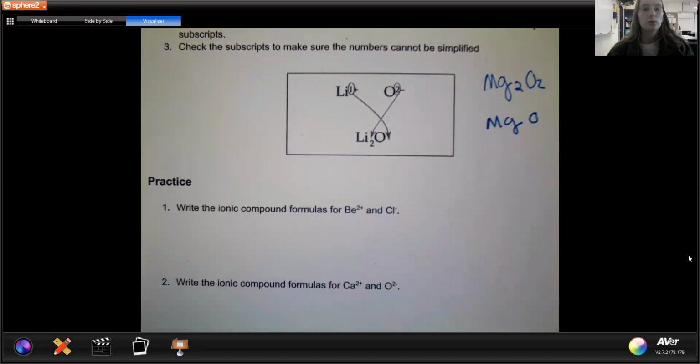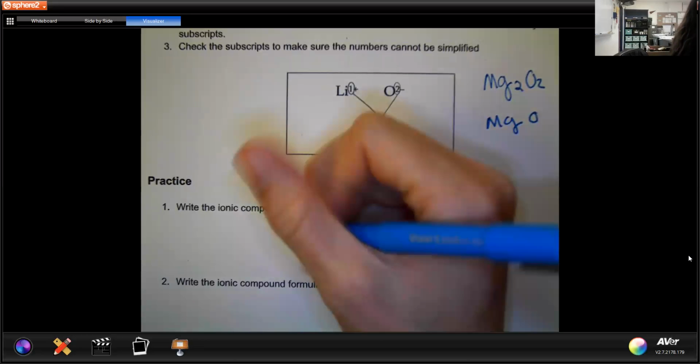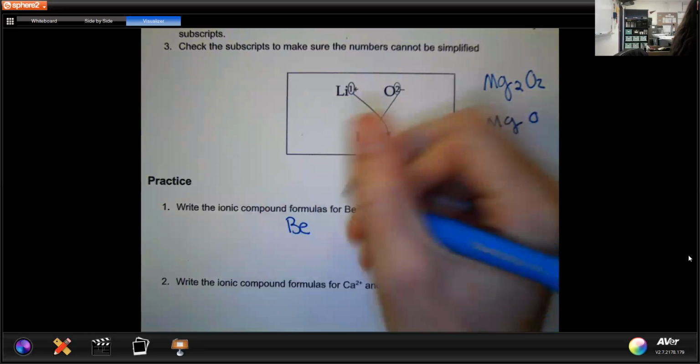We want to write the ionic compound formulas for Be2+, so that's beryllium with a 2+ charge, and chlorine, which is Cl with a minus charge. So what we were told is we have to write the symbol for the ions side by side. So I have beryllium 2+.